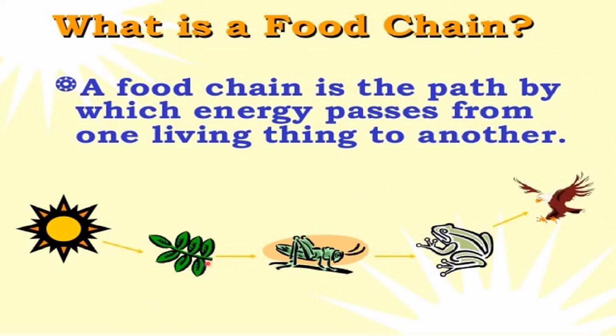Plants get energy from the sun so that the plants will live, and the grasshopper will eat the plants, the frog will eat the grasshopper, and the hawk will eat the frog. So that is a food chain.